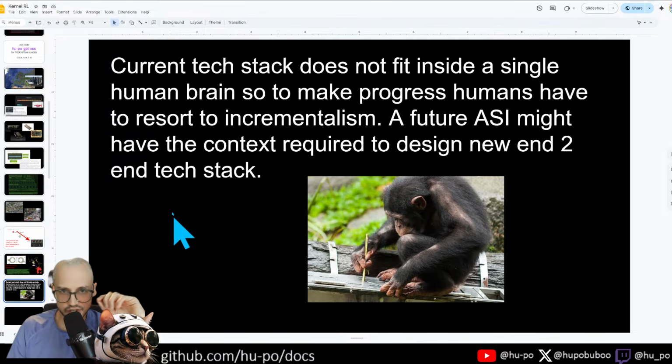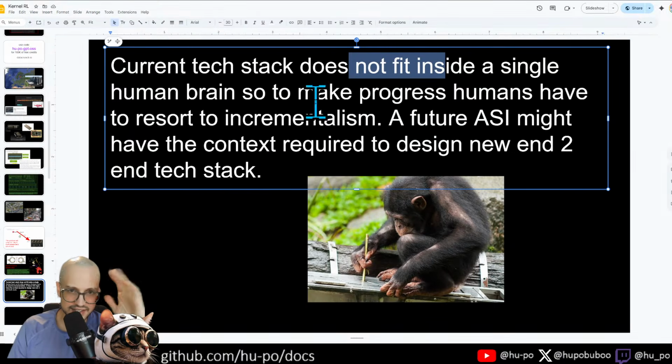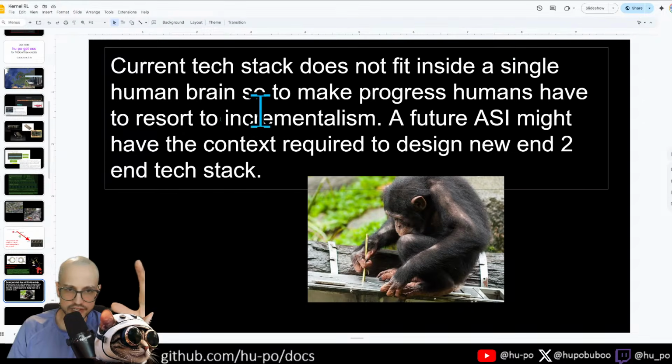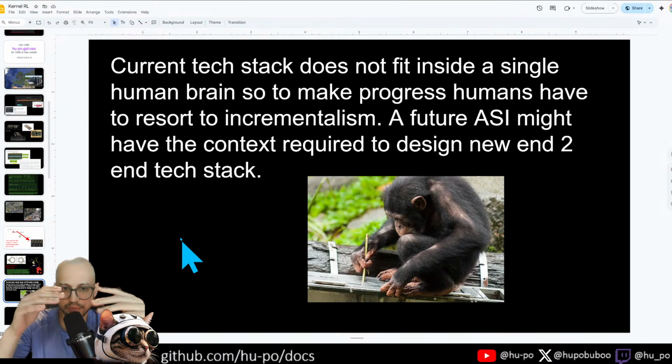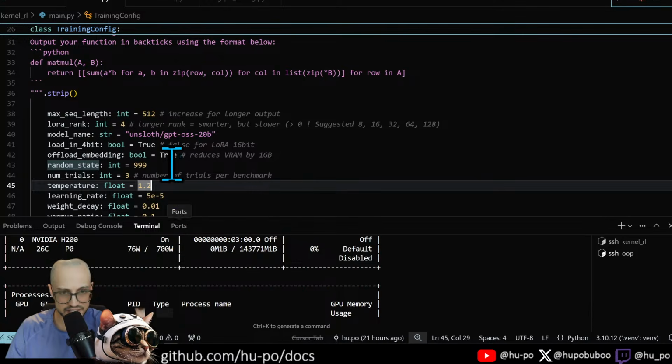And ultimately, the current tech stack does not fit inside a single human brain. So to make progress, humans have to resort to incrementalism, right? Where the person who's trying to optimize this stuff is not familiar with that stuff, and the person who's trying to optimize that stuff is not familiar with this stuff. So each person can only incrementally improve based on what's currently there. If you change too much, it all goes to shit, which is the same thing here, right?